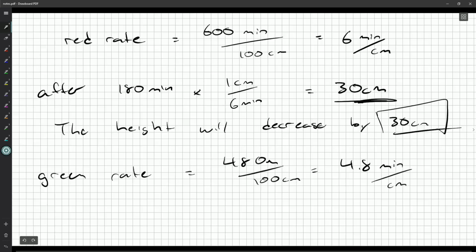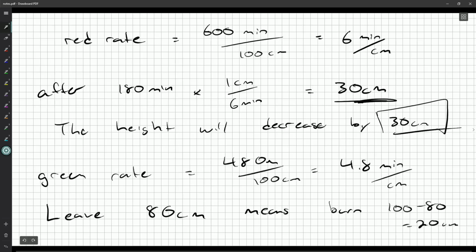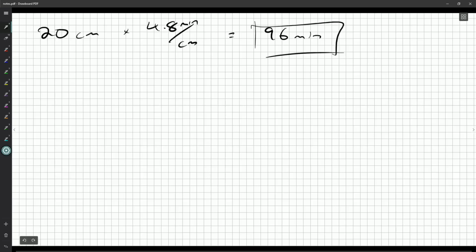Okay, so to leave 80 centimeters means we need to burn 20 centimeters. So how long does it take to burn 20 centimeters? Well, 20 centimeters times the rate of burning, it'll be 20 times 4.8, that'll be 2 times 48, or 96 minutes, when all is said and done.